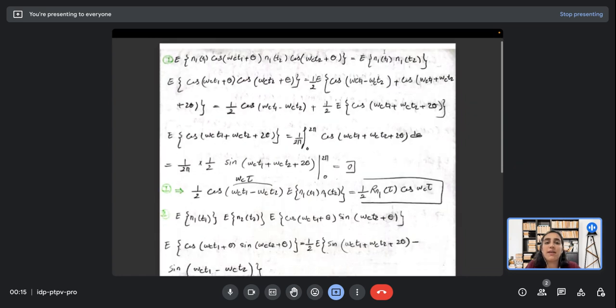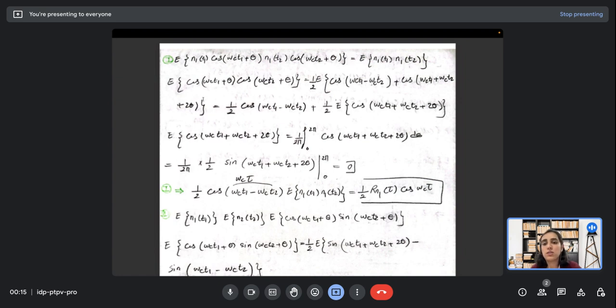Okay, so we have the value of the expectation of n1 times n1. Now we should calculate the expected value for cosine times cosine. And we know that cosine of A times cosine of B is equal to 1 divided by 2 times cosine of A minus B plus cosine of A plus B.